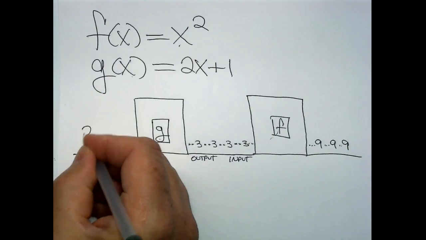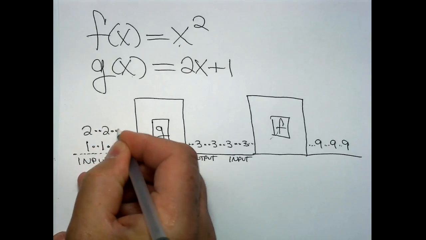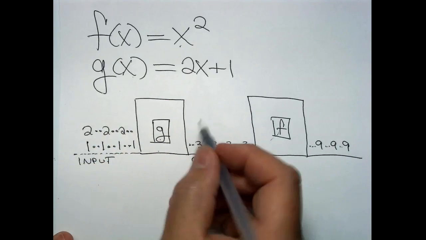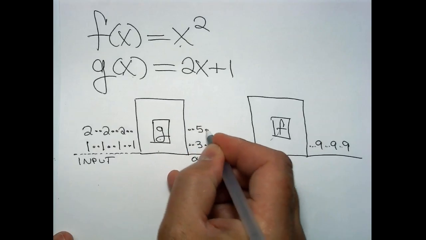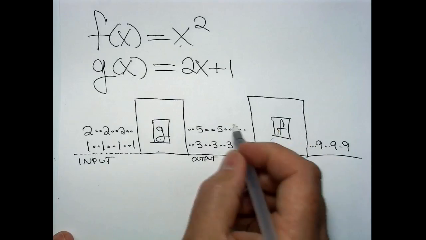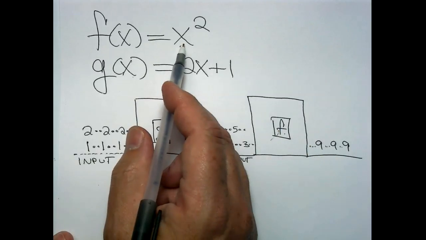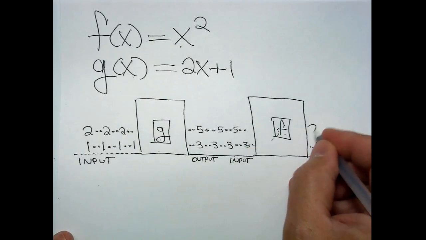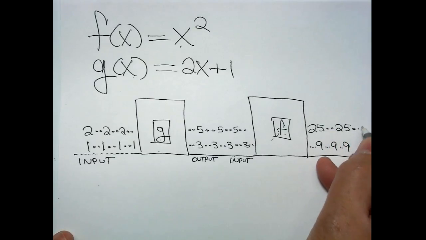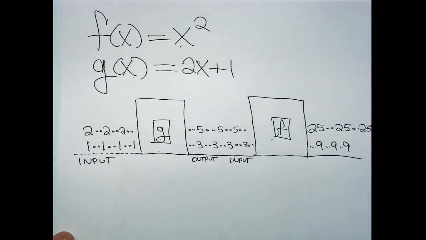If I put a 2 in on this side, what comes out? This is g, by the way. A 5 comes out. So that 5 makes its way down the assembly line to the next machine, which is an f function that squares things. So 5 squared, final answer is 25. Not surprised that we're getting perfect squares coming out of here, by the way, because it's the x squared function.